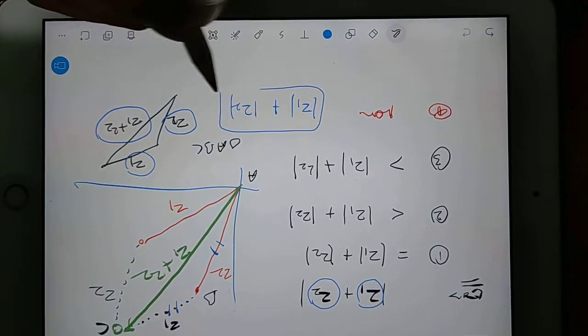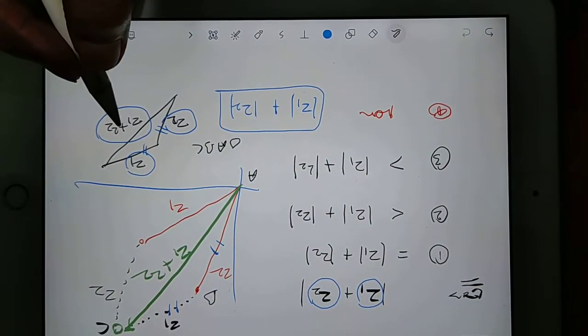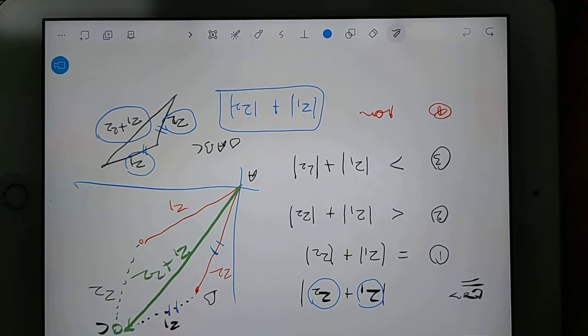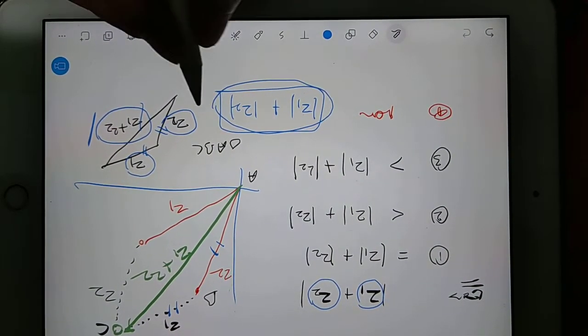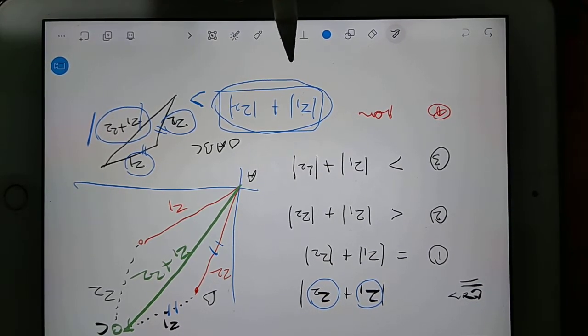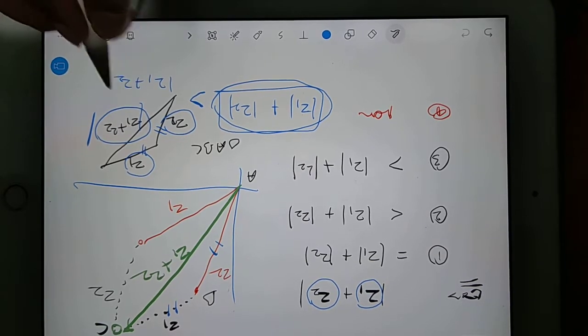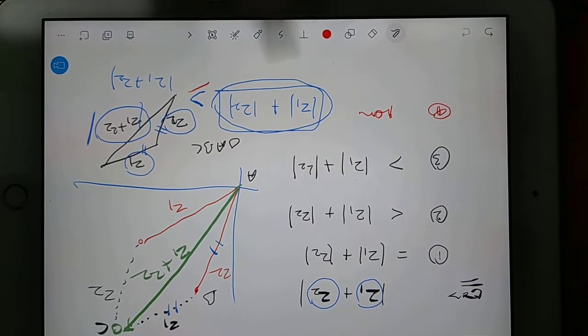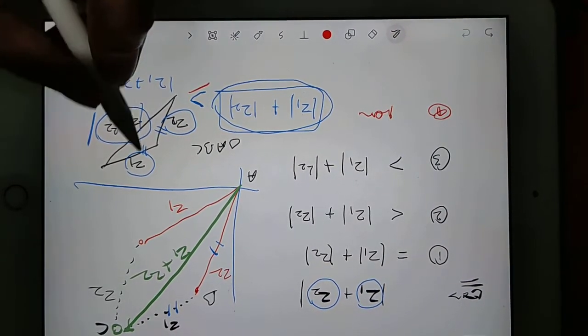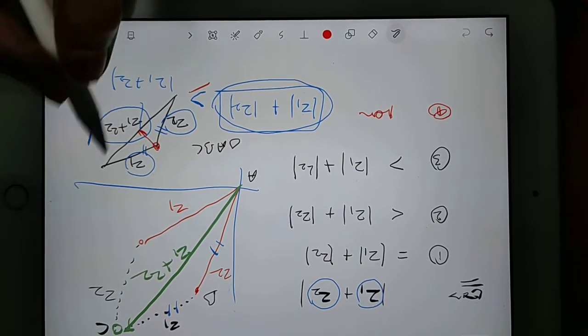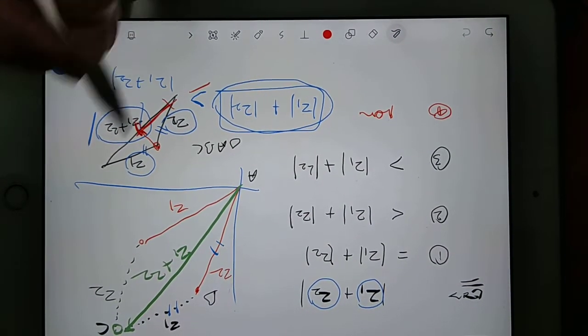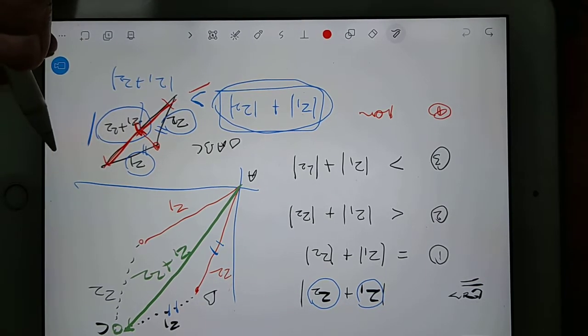If you add both, you are adding two sides of the triangle, so of course that will be greater than the modulus of the third one, mod of Z1 plus Z2. At the same time, you can put an equal sign also in case this point shifts here. From here to here it will be Z1, and from here to here the remaining part.